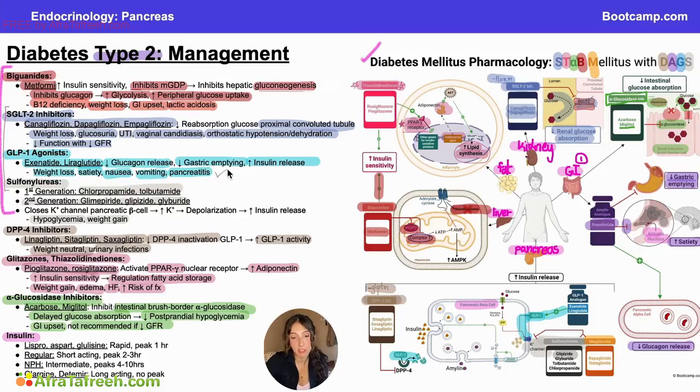So we know that maybe a GLP-1 agonist is not the best choice for him, considering that a rare but potential side effect is pancreatitis. Additionally, we know that he is worried about weight gain and he's working really hard to lose weight. So we probably don't want to give him a drug that has a side effect of weight gain, like a sulfonylurea. For those reasons, I would most likely choose an SGLT2 inhibitor for this patient.